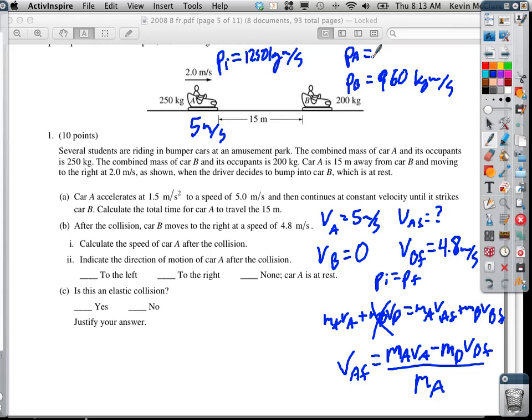Trini, what do you think? So what does momentum being conserved mean? Okay, did you say force or momentum? Okay, yes. So Trini helps us out by saying the amount of momentum it had initially has to equal the amount of momentum it has finally, right?